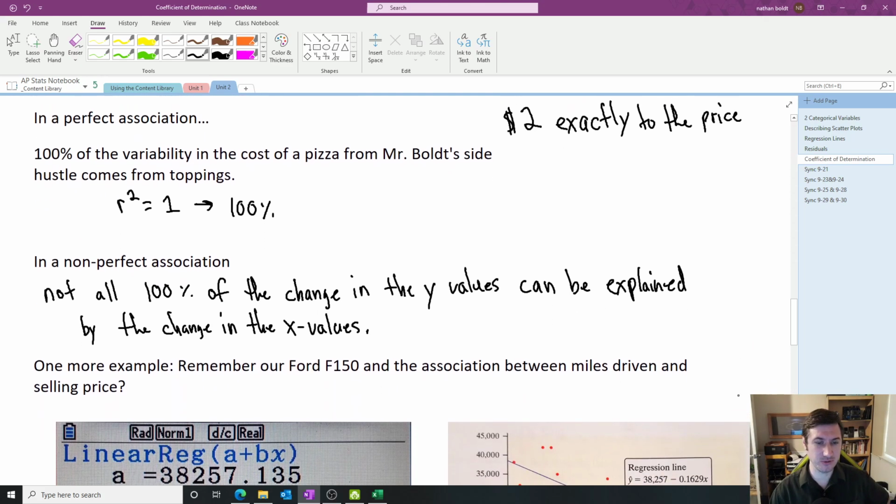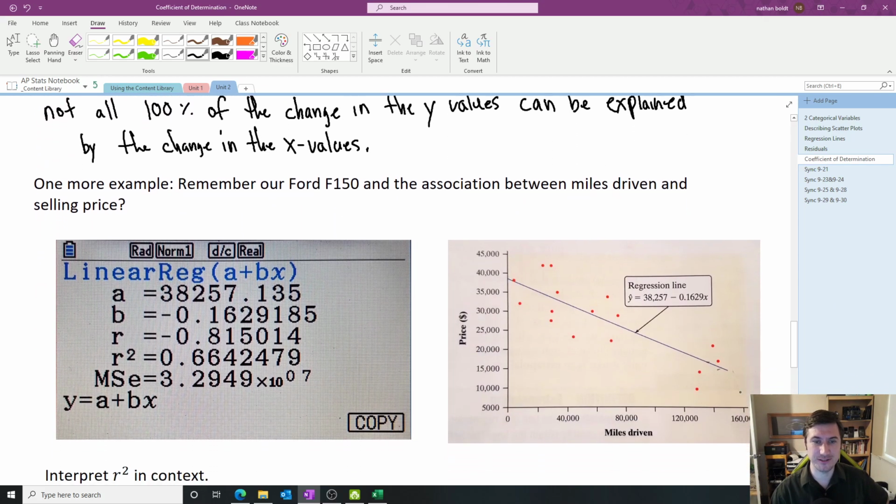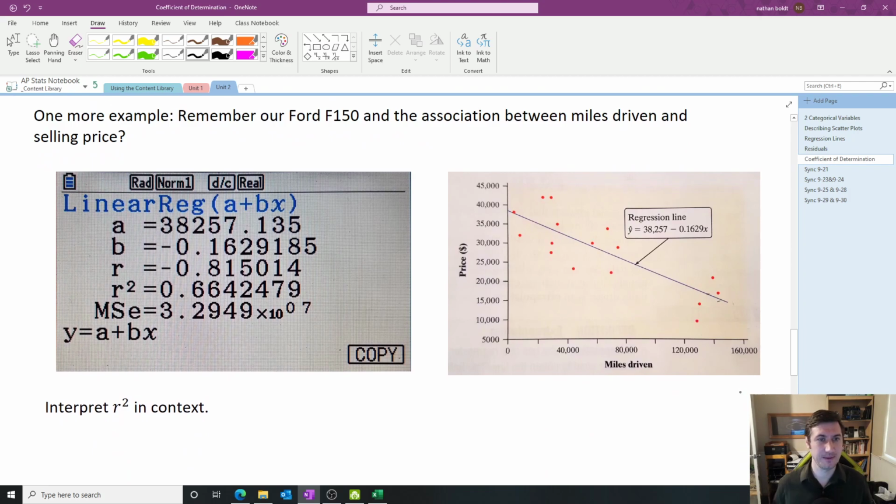We're going to go back to our Ford F-150 example. If you remember, the price of a Ford F-150 being sold as used is being predicted by how many miles are on the truck. So I plugged all these numbers into my calculator and did a linear regression, and my calculator gave me this number right here.